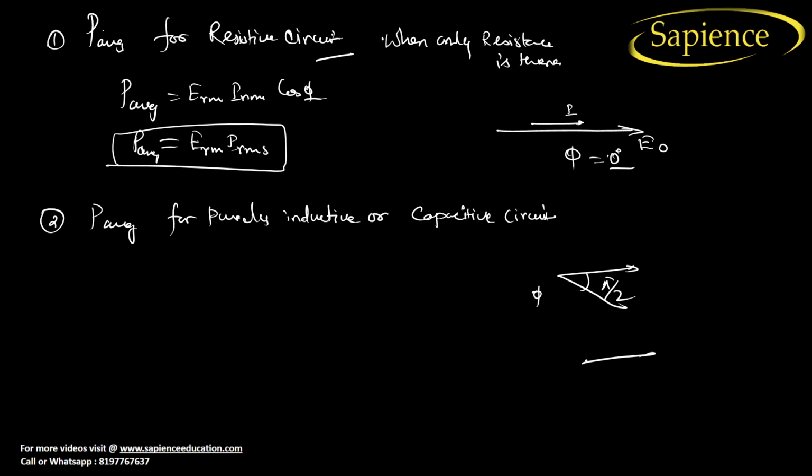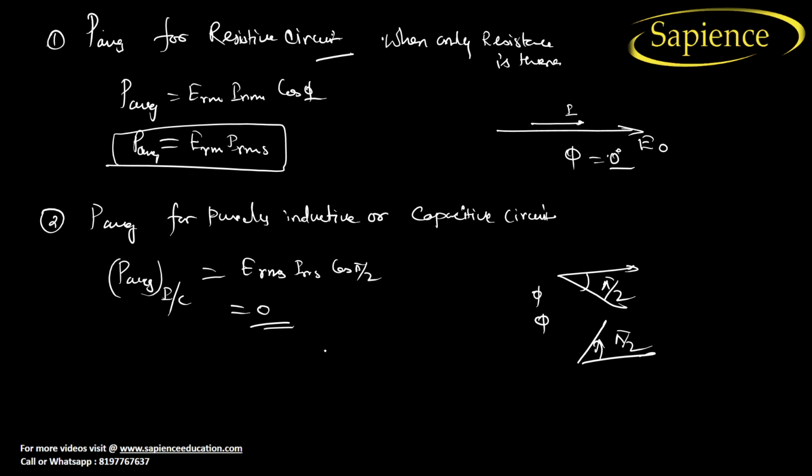And in a capacitive circuit, current is ahead by pi by 2. So in both cases, the phase difference is pi by 2. So average power for an inductive or capacitive circuit is equal to ERMS into IRMS into cos 90. So this will be 0. So I hope you have understood that the average power for an inductive as well as a capacitive circuit is 0. Right?